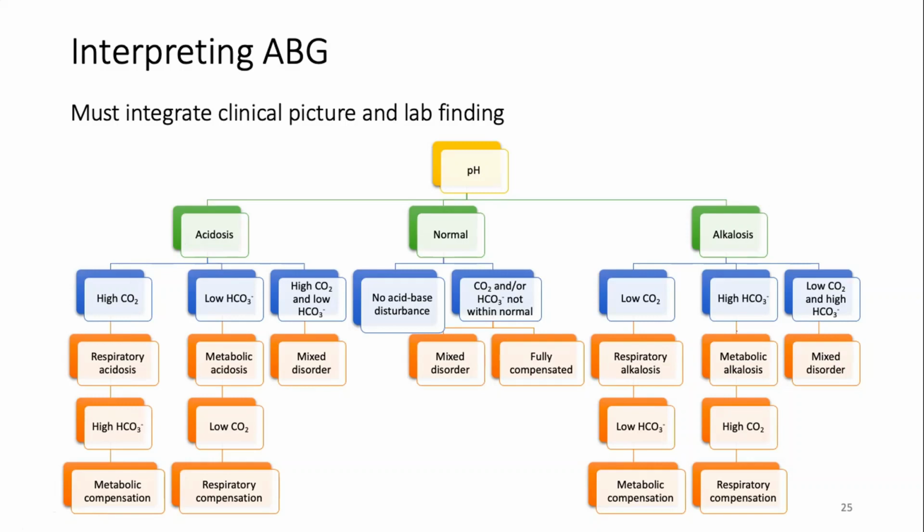You look at the other parameter, which is the bicarbonate. If the bicarbonate is normal, it means that your body has not tried to reabsorb or generate more bicarbonate, so you say that there is no metabolic compensation taking place. But if the bicarbonate is high, then you know that our body has been trying to compensate for that respiratory acidosis.